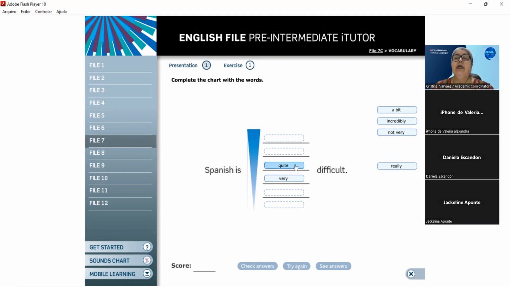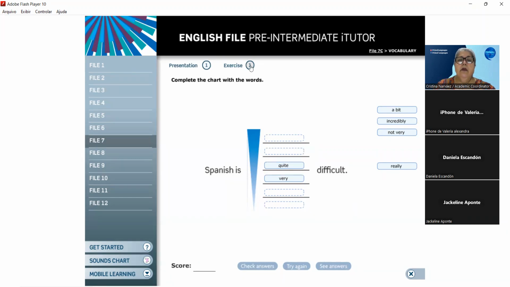En inglés americano es bastante, pero en el inglés británico es como enough, ¿ok? No mucho. ¿Estamos? Esa sería una diferencia con el inglés americano.